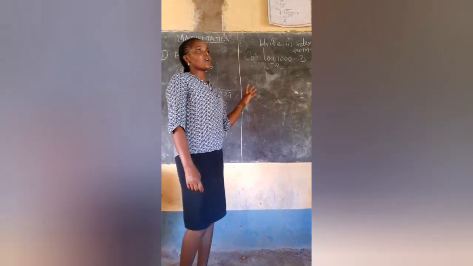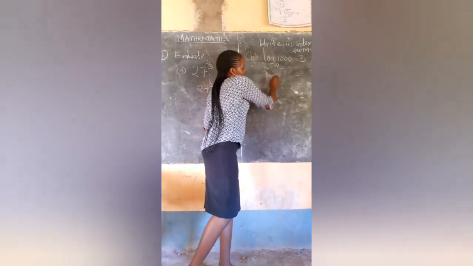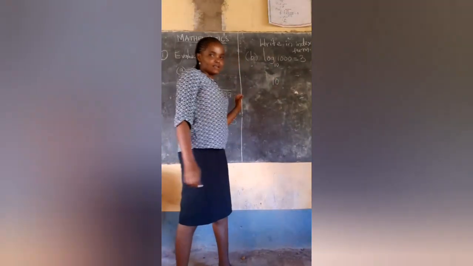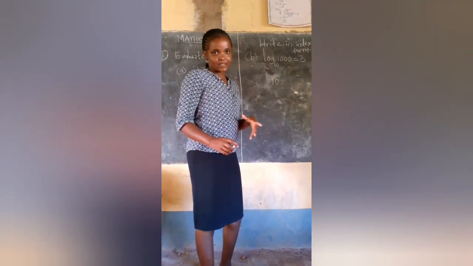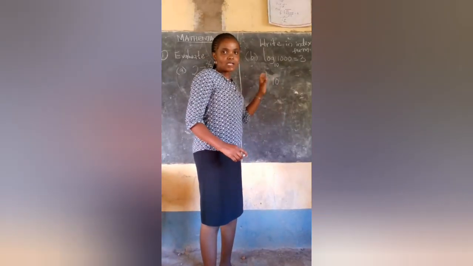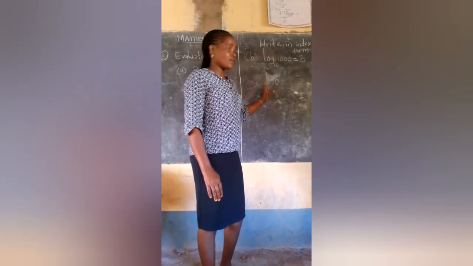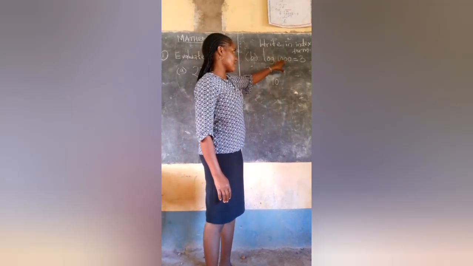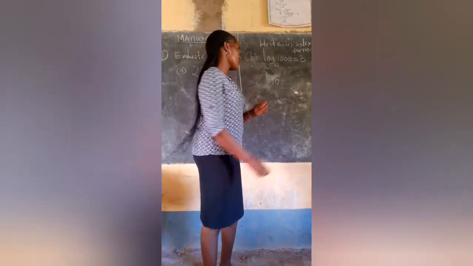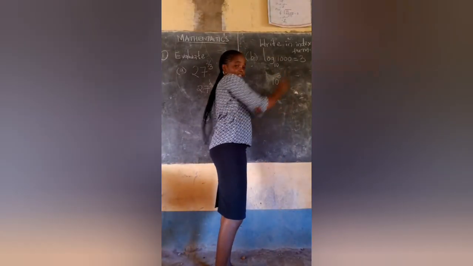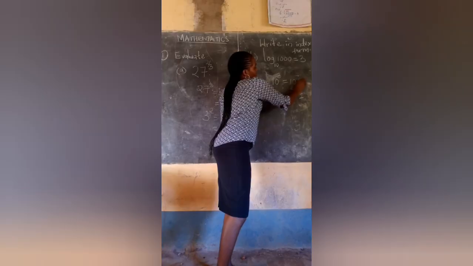Now when we want to write the number in index form, we maintain the base 10, then we say the power is always the logarithm of a number. Therefore, the logarithm of this number to base 10 is 3, meaning that 3 is the power. So we have 10 power 3, and this will be equal to 1000.